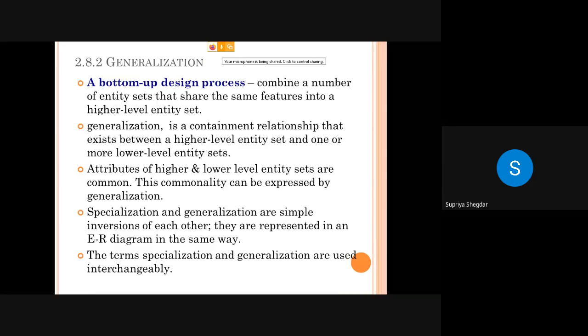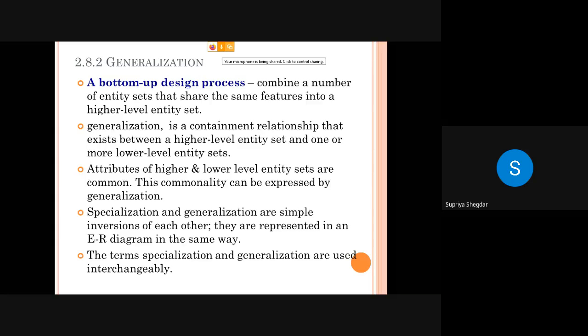And here the attributes are the same, meaning the attributes of the lower level entity and the higher level entity are the same. Specialization and generalization are simple inversions of each other, meaning they are opposite of each other, and they are represented in an ER diagram in the same way.